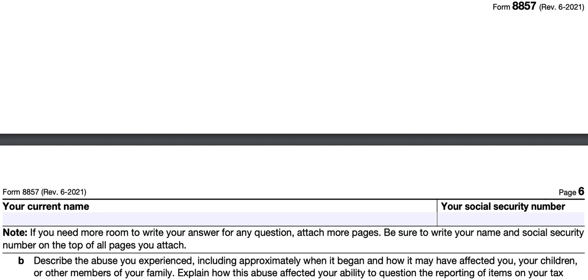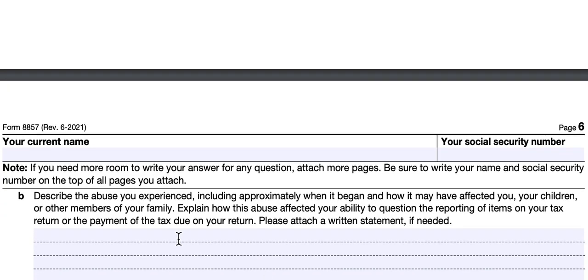And then to the extent that you can, describe the abuse, explain how this abuse affected your ability to question items. I mean, this is your chance to tell your story, and realistically, this is how the IRS grants relief in a situation like this.